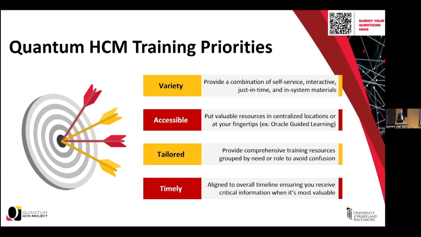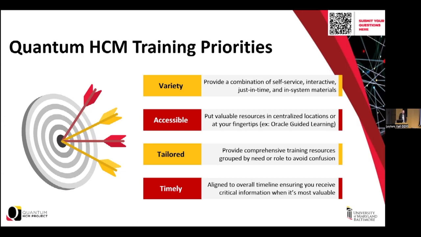Training will consider all employee types, regardless of the jobs, and focus on the following priorities. Variety: the training methods will be a combination of self-service, interactive, like classroom style or instructor-led sessions, just-in-time, and in-system materials.